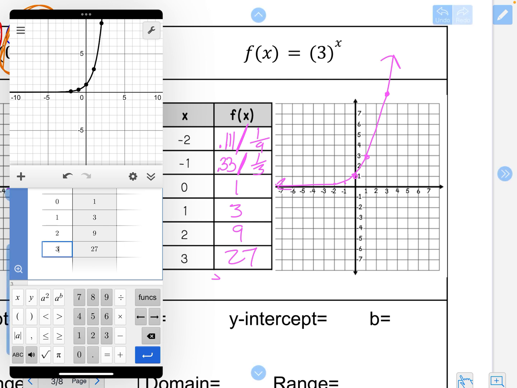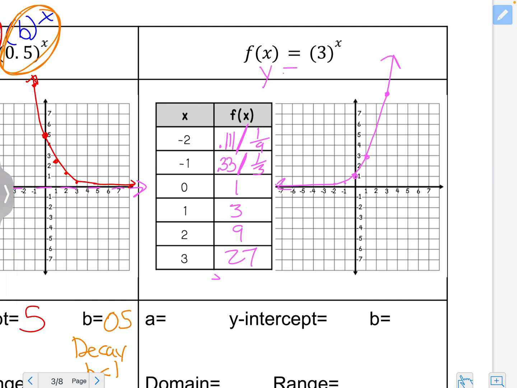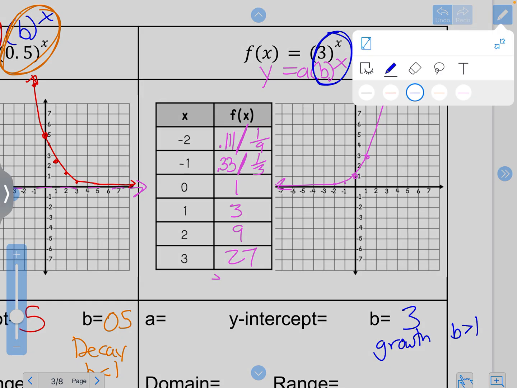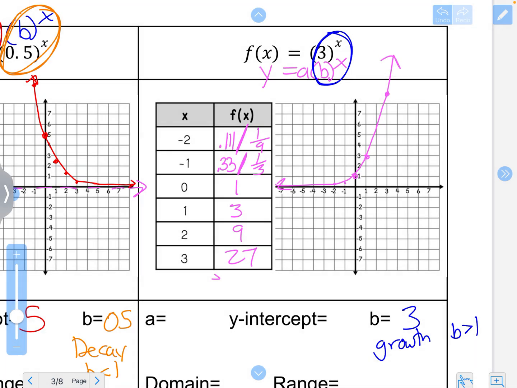So again, go ahead and write down y equals a times b to the x. So it's really easy for us to figure out our b. Our b is always the number next to the exponent. It's 3. It's going to be a growth graph because our b is greater than 1. But if we notice, there are no other numbers in the equation.